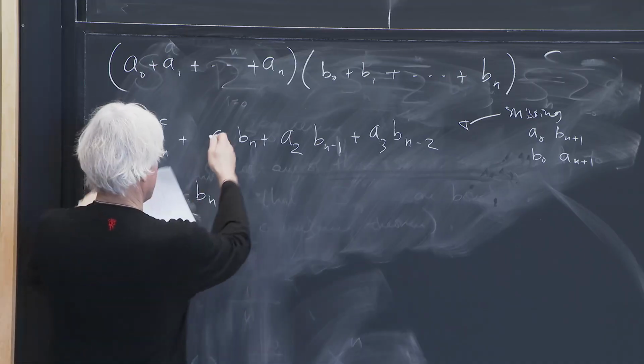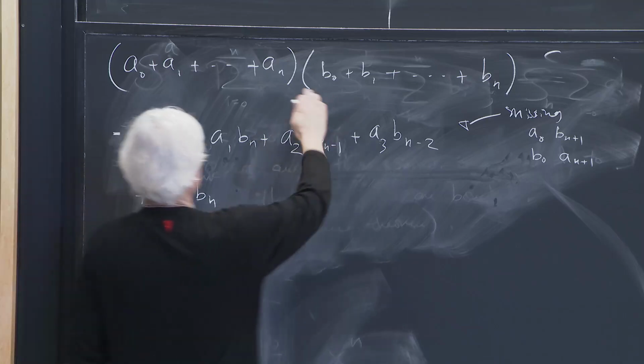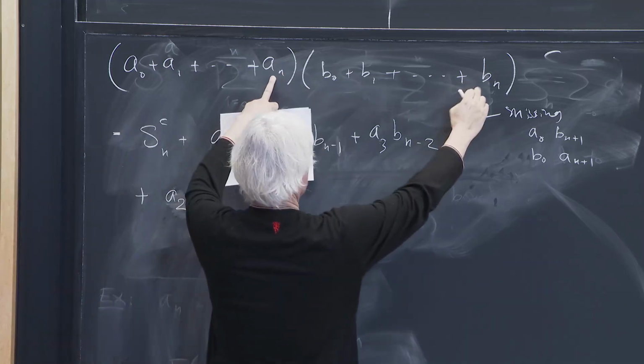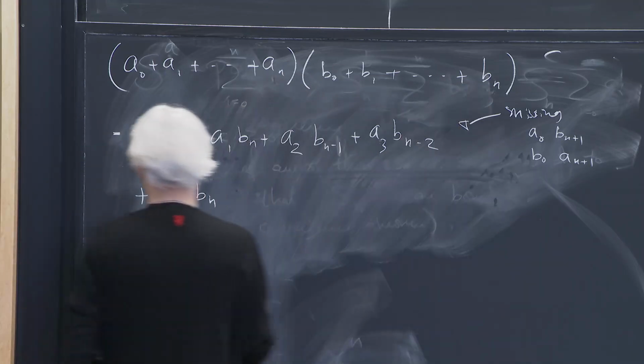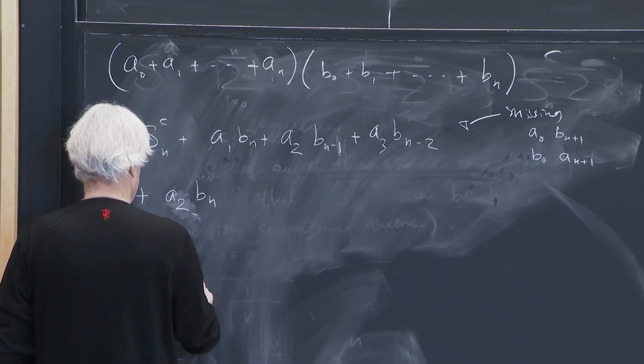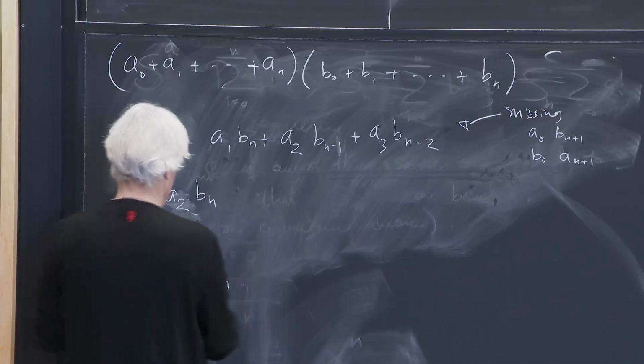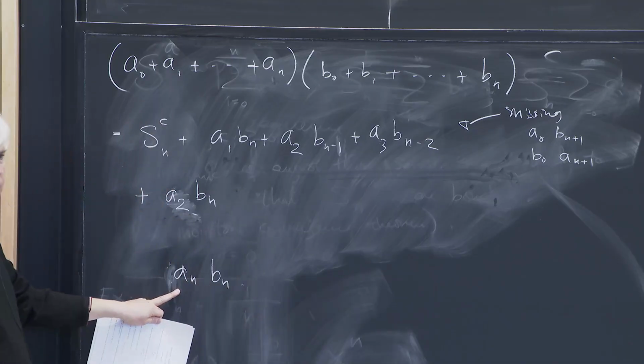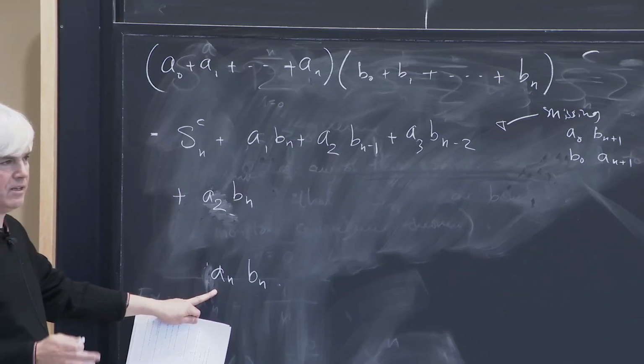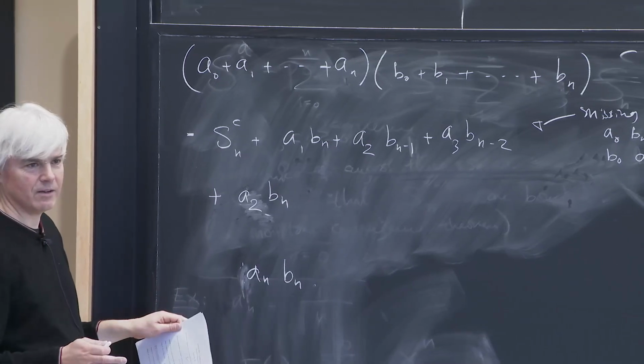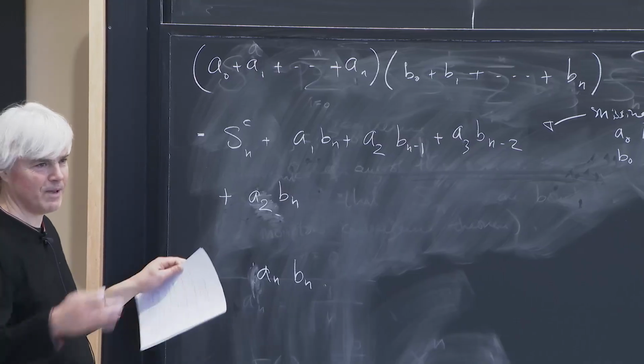And so when you continue like this, the last one you get is when you're multiplying that by that, and that's An times Bn. The sum of the indices is 2n. But you're missing a lot now, right? You only have one of many, many terms.